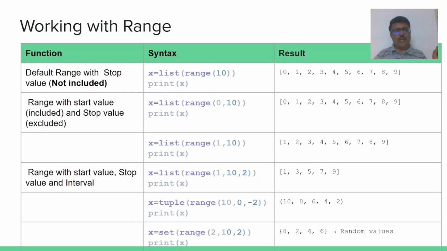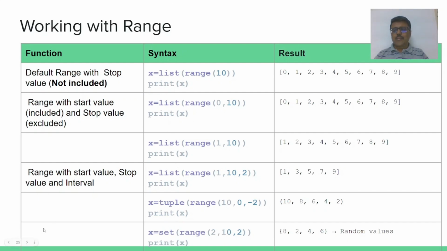I want to generate it, or 0 to 9 I want to generate it. Instead of typing it as 0, 1, 2, 3, I can put it in a very simple form and just specify the range 0 to 9. That's all. That means it is understandable. So that's what I'm doing here.